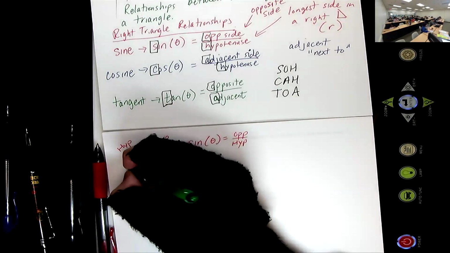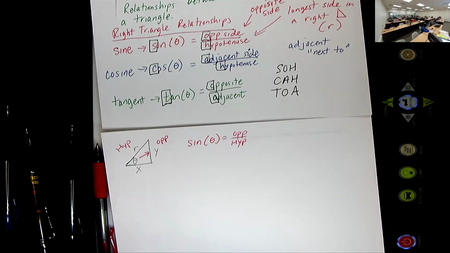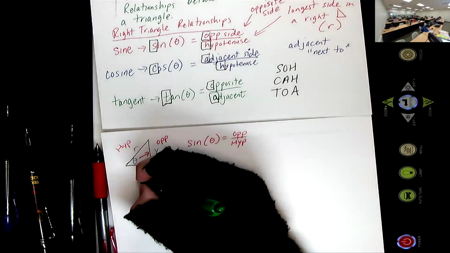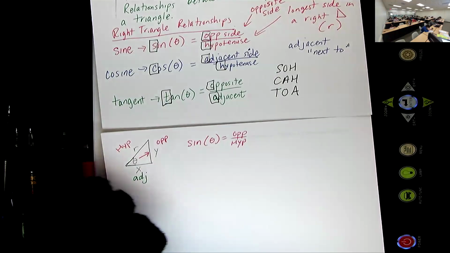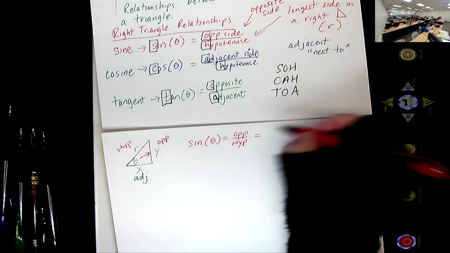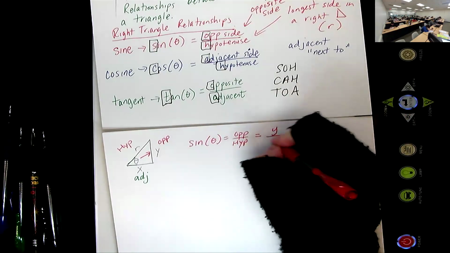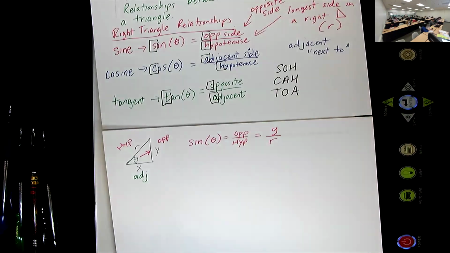This side and this side are both next to the angle. But one of those is already the hypotenuse, which makes this side down here the adjacent. So sine of theta being opposite over hypotenuse, the opposite side is y, and the hypotenuse is r. And we'll discuss how to get r when you have x and y.